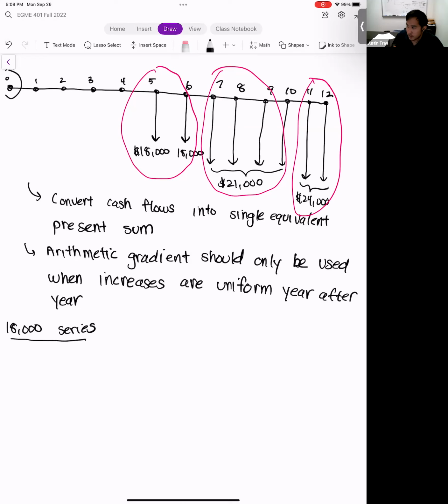And so this is a uniform series that occurs over two years. So the first thing we're going to do is convert this into a single lump sum. All right. So the first thing we're going to do is we're going to do 18,000.